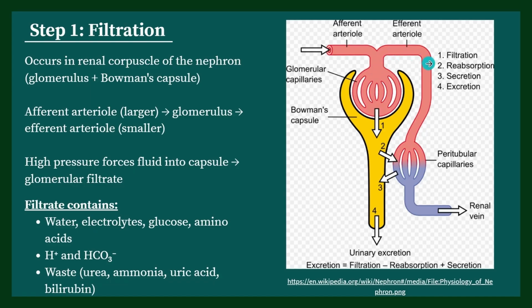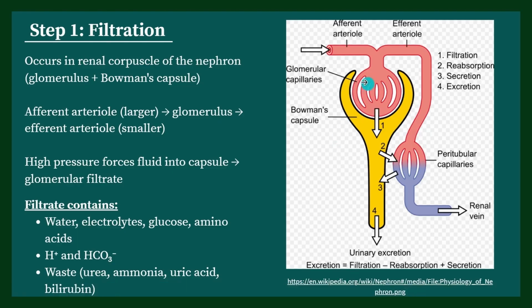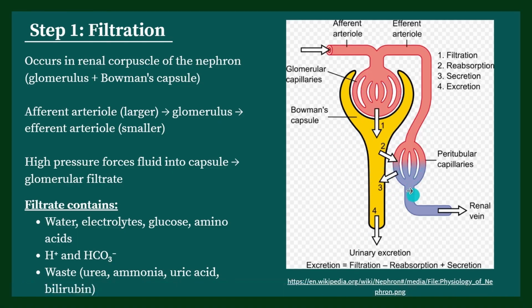Efferent is the arteriole going out. And then the peritubular capillaries are the capillaries that wrap all around the tube of the nephron. Pretty easy, right? Peritubular. So the liquid part goes down the yellow, and all of the blood and the important nutrients and electrolytes that we want to keep are being diffused back into the renal vein.